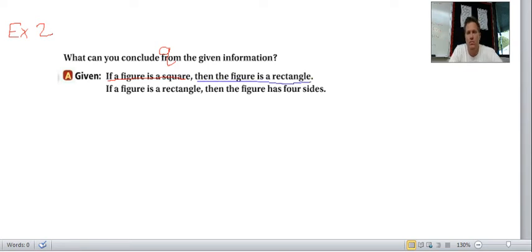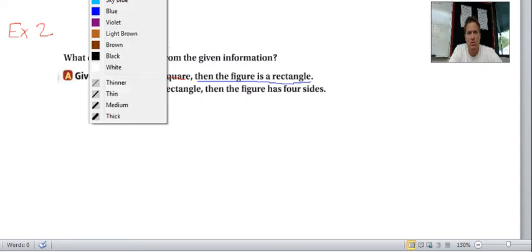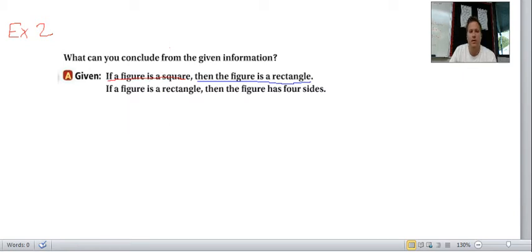Sorry about that, it should be if P then Q. So let's erase this. If P right here, our hypothesis, then Q right here, our conclusion. If P then Q, so if a figure is a square, then the figure is a rectangle.